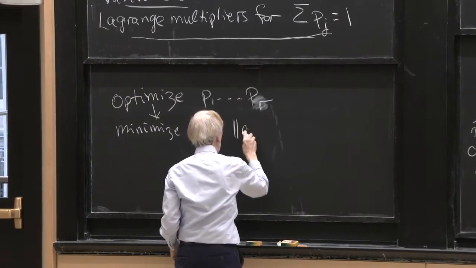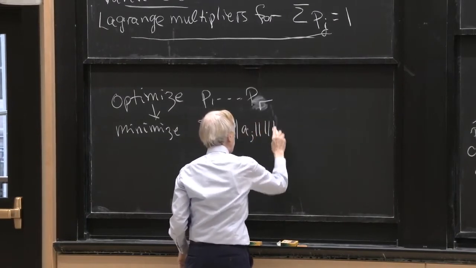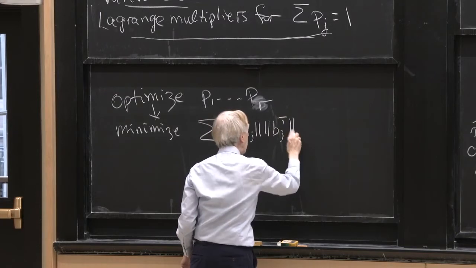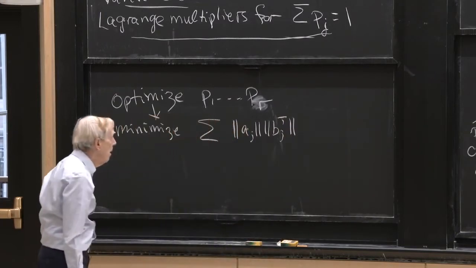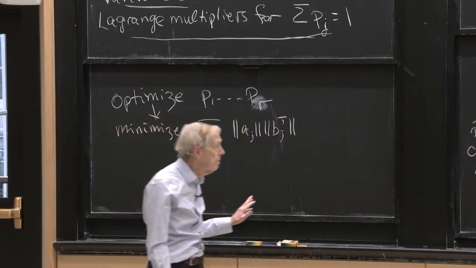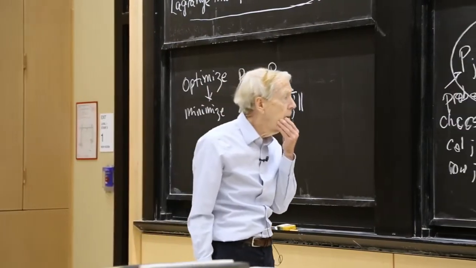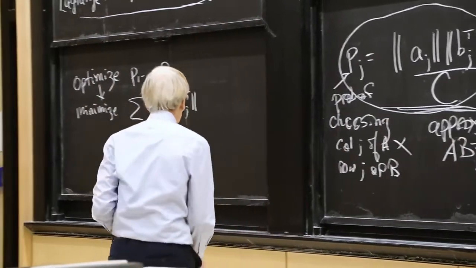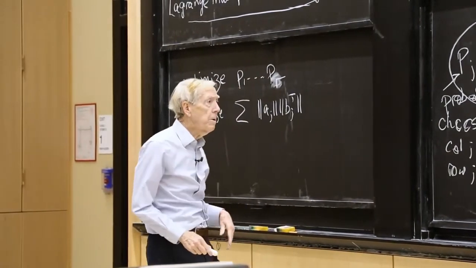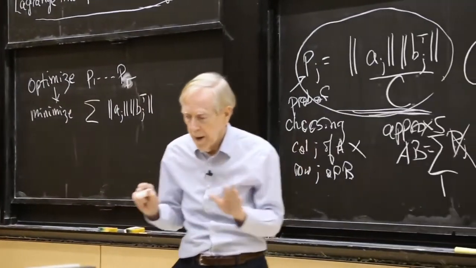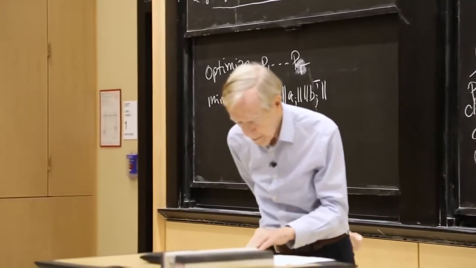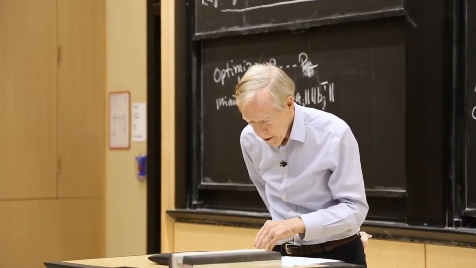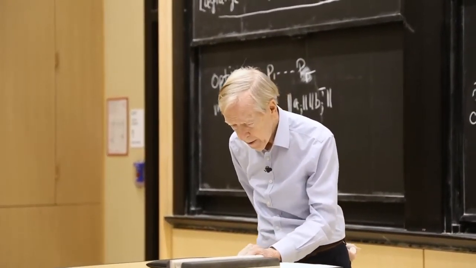So AJ, BJ transpose, over PJ. Oh, yeah, wait a minute. Let me just see.